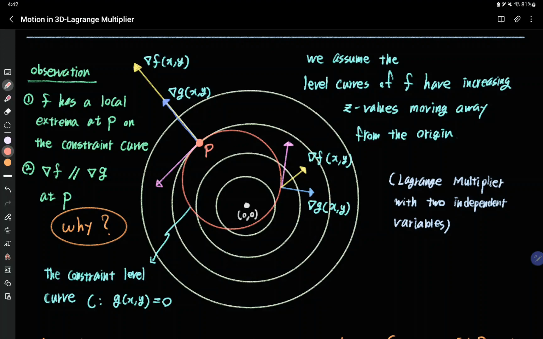In that situation, gradient f is parallel to gradient g, and f has a local extremum at point P on the constraint curve.